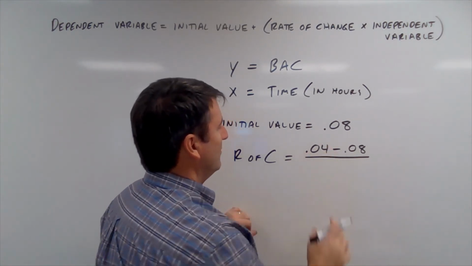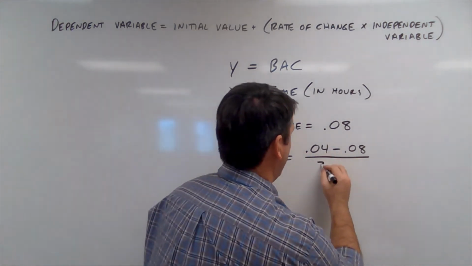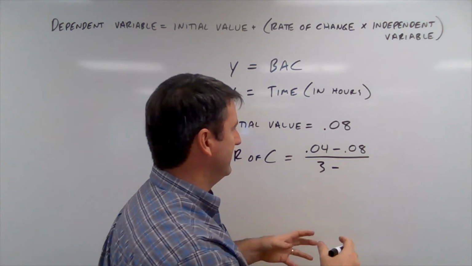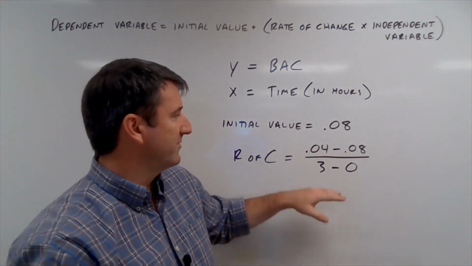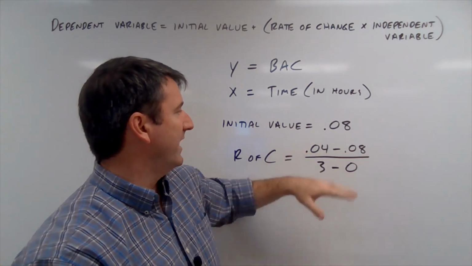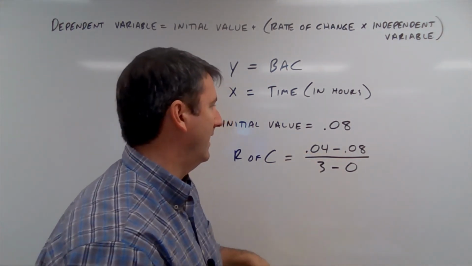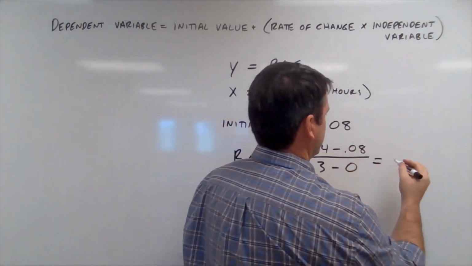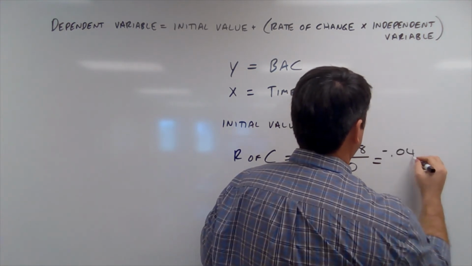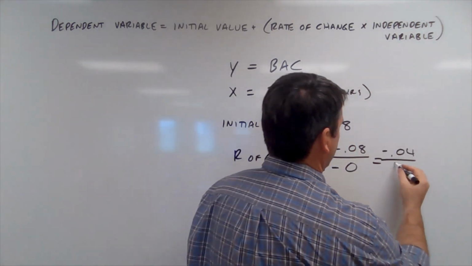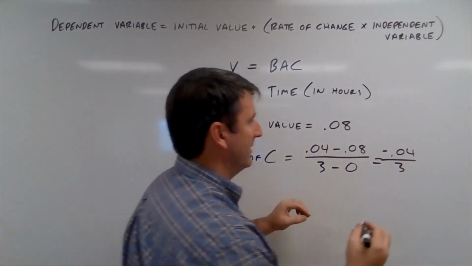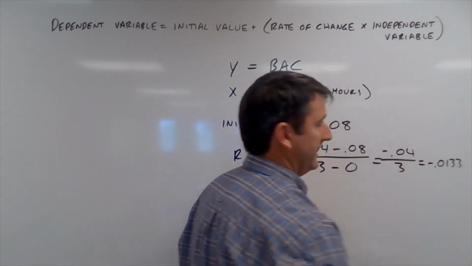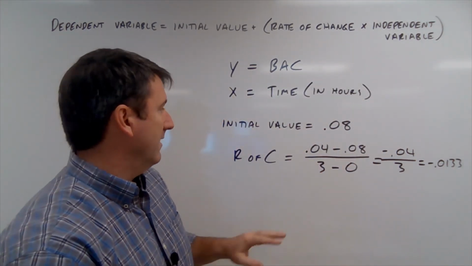The time when the blood alcohol content was 0.04 was 3 hours later, and the time for the 0.08 was at our 0 point. So over 3 hours, our blood alcohol content has changed from 0.08 to 0.04. So if we subtract these, 0.04 minus 0.08 is negative 0.04, and we're going to divide that by 3. And that's going to equal negative 0.0133. All right, so that's our rate of change.